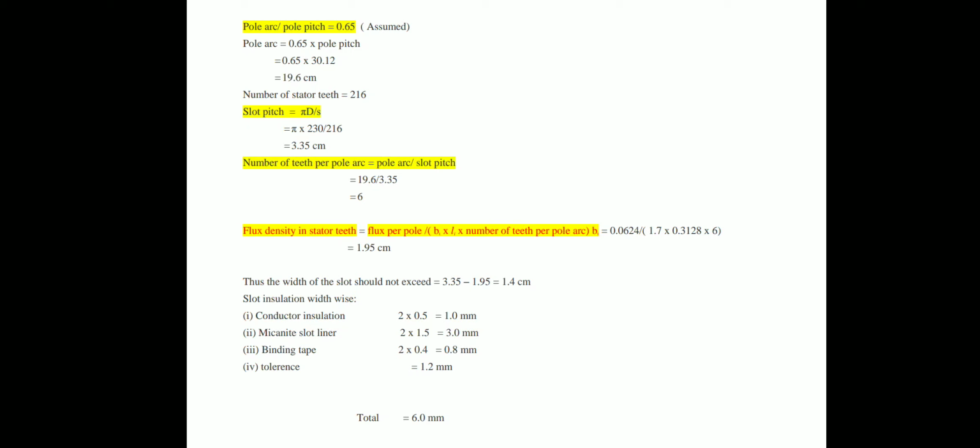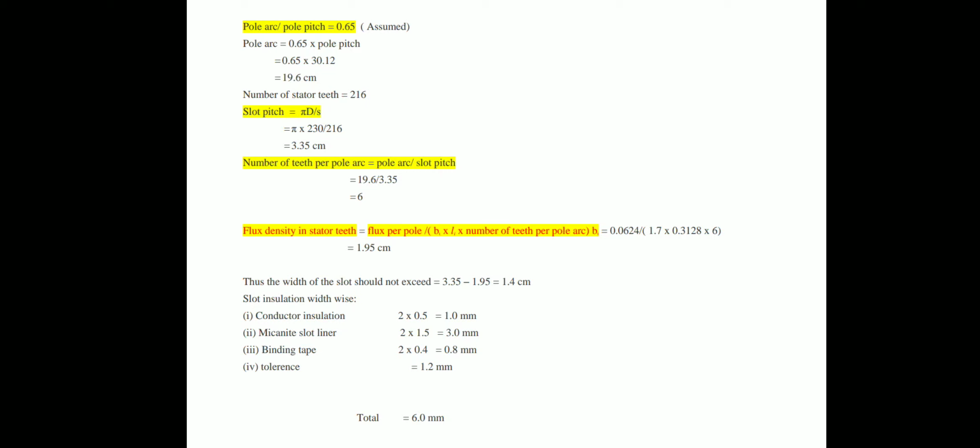Number of slots is equal to 216. Slot pitch is given by the formula pi D by S. Put the values, you will get slot pitch is equal to 3.35 centimeter. Number of teeth per pole arc is equal to pole arc by slot pitch. Put the values, you will get 6.